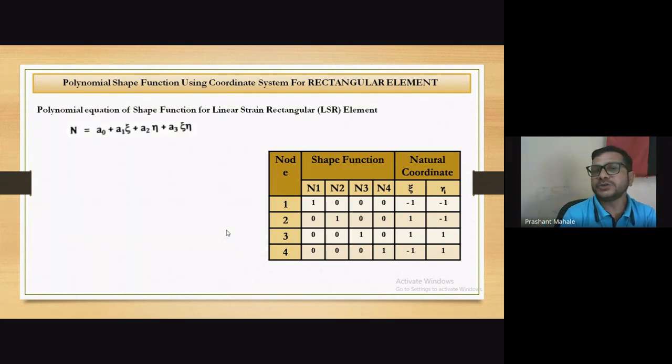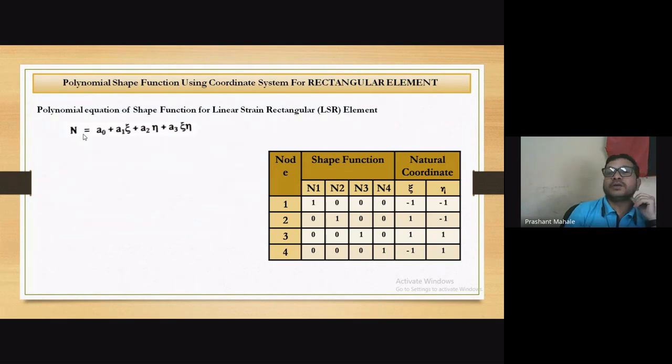The polynomial equation of the shape function for the linear strain rectangular element is given by this equation. It is similar to the xy equation, just x is replaced by zeta and y is replaced by eta. In this way, the polynomial equation can be written like this. This is the generalized form of the polynomial equation, and this n can then be replaced by n1, n2, n3, n4 for the corresponding shape functions.